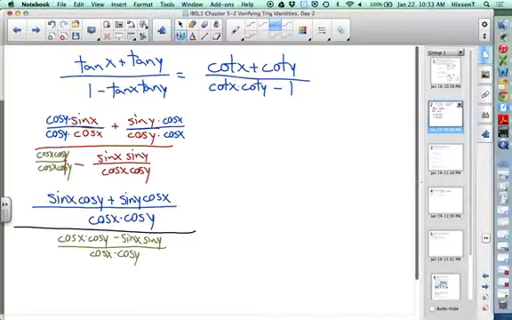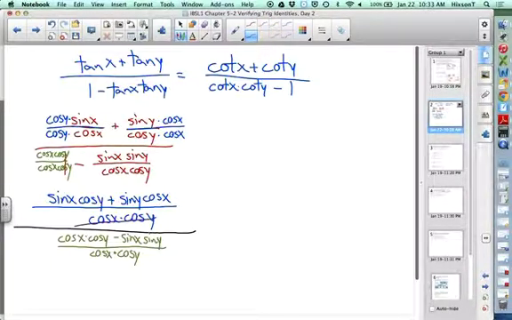You might notice that if I flip and multiply, the cosine x cosine y are going to cancel each other out. You see that? I have this divided by this, so if I flip it, this will cancel out that. Let me do purple.